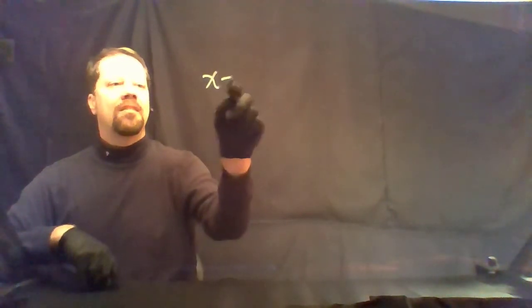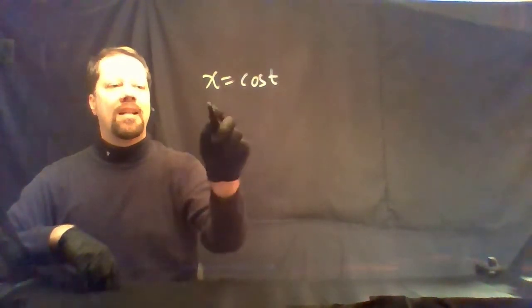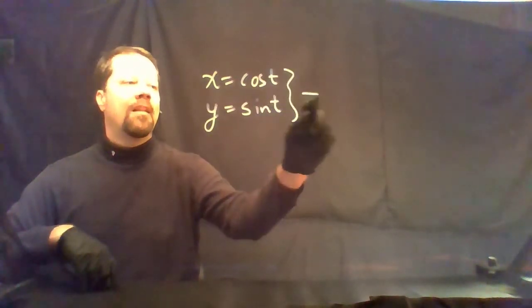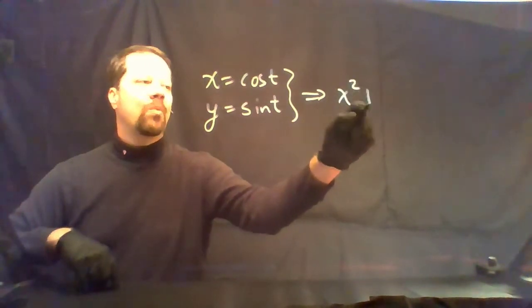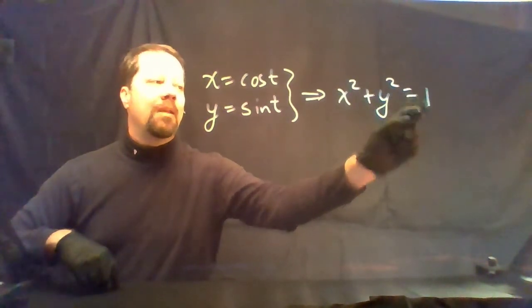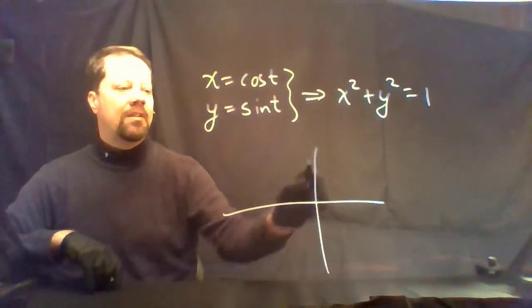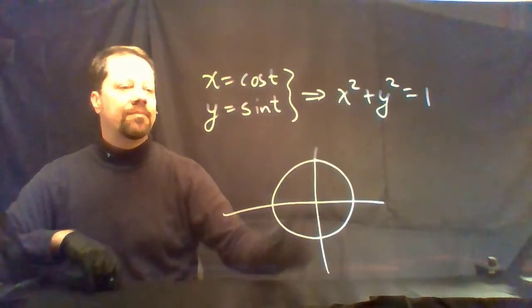If x is cosine t and y is sine t, that implies that x squared plus y squared equals 1. Every point on this parametric curve will lie on the unit circle.